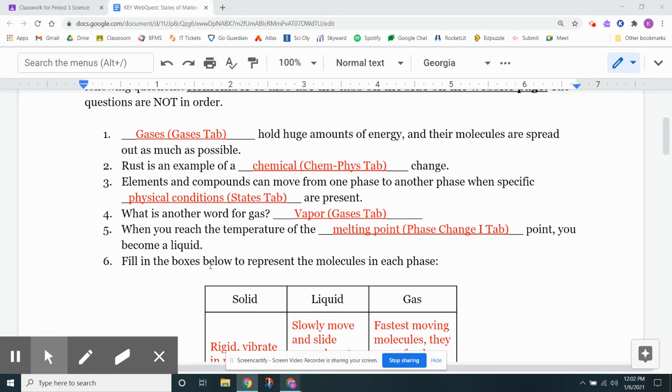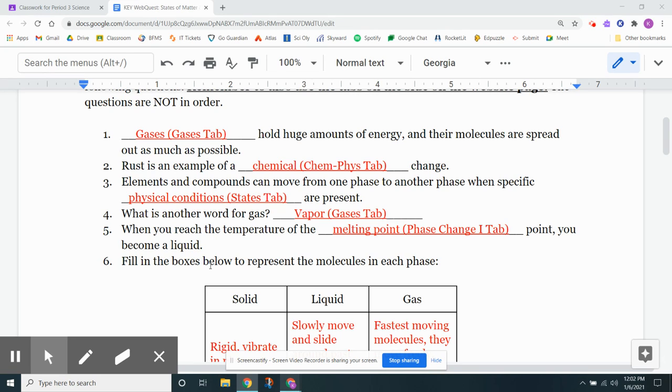Number 2, rust is an example of a chemical change. The Brain Pop video that we watched started to introduce this idea of chemical versus physical changes. It's continued in the WebQuest, an introduction to chemical versus physical changes. Physical changes are essentially when the substance stays the same, but it might change appearance, whereas a chemical change actually chemically changes the composition of something.